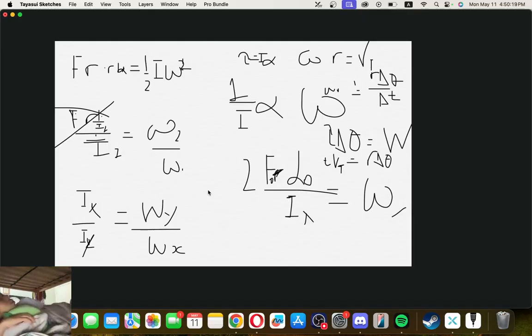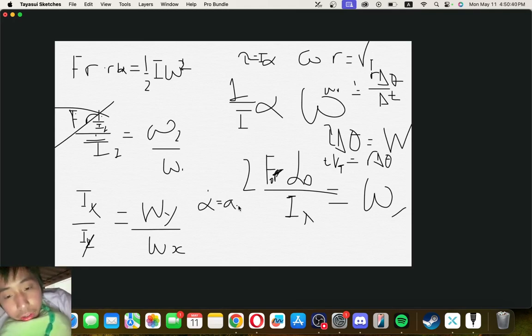Alpha equals omega. Wait, centripetal acceleration equals omega squared R. Let me think about this. Alpha equals A tangent.